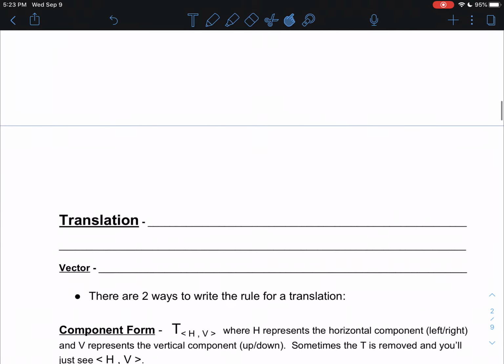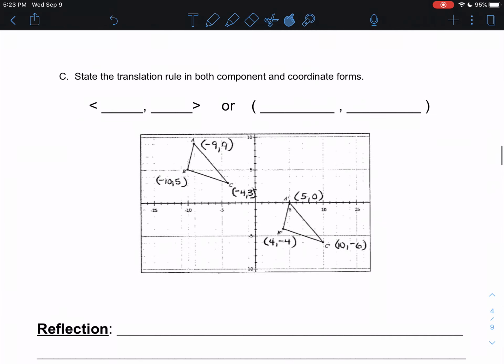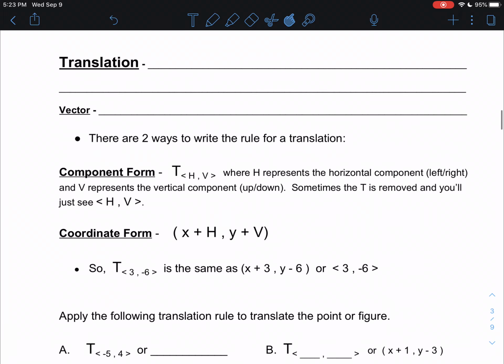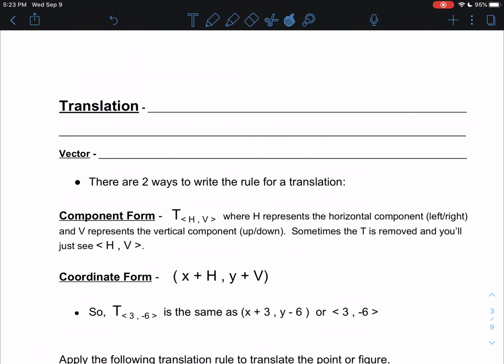All right, continuing on, I'll just think about how much I want to get through today. Hold on. So here it has a definition of a translation. And I'm not really sure what I'm supposed to put here, so I'm literally Googling it.